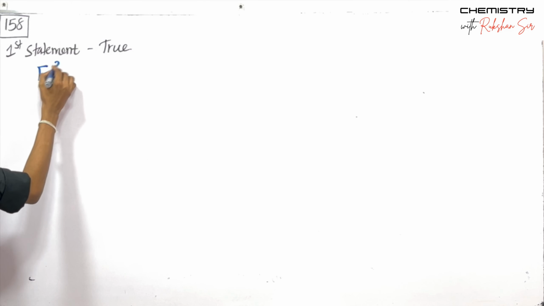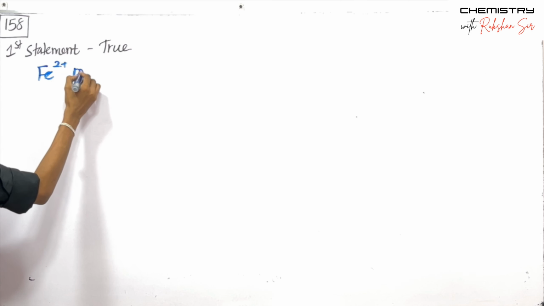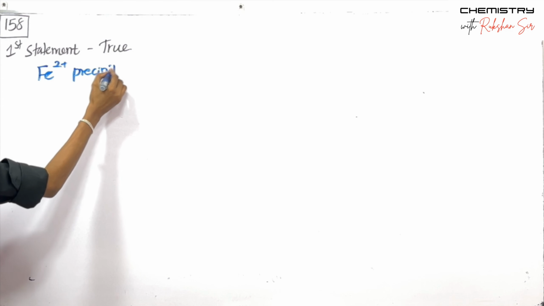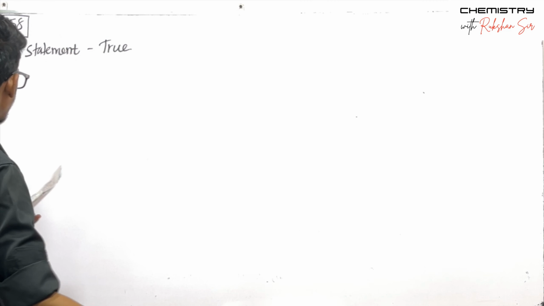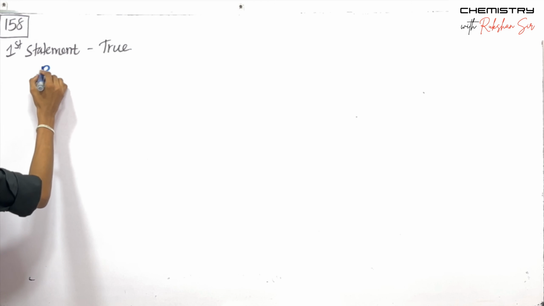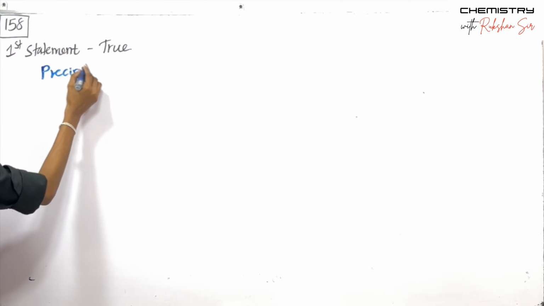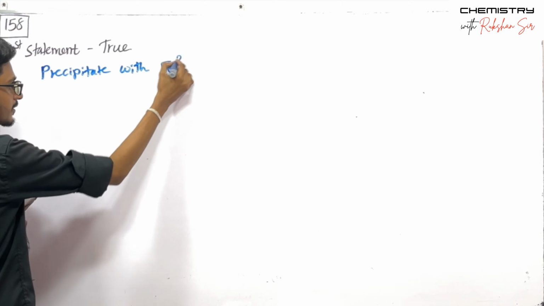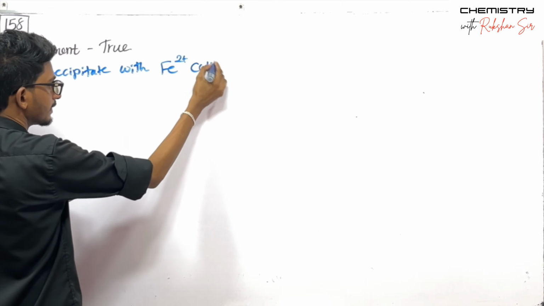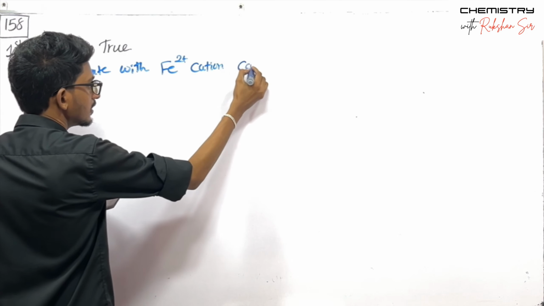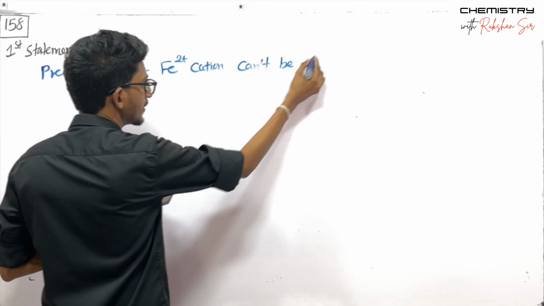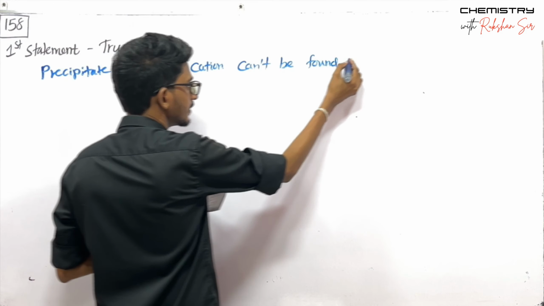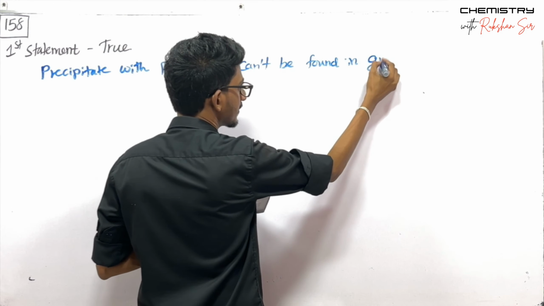So let's say it like this: a precipitate with Fe2 plus cation can't be found in group analysis.